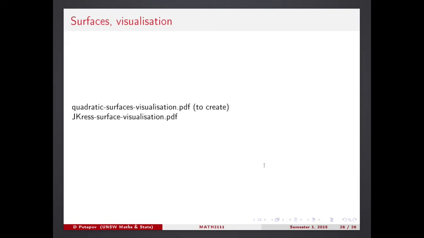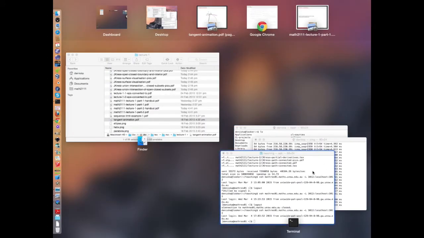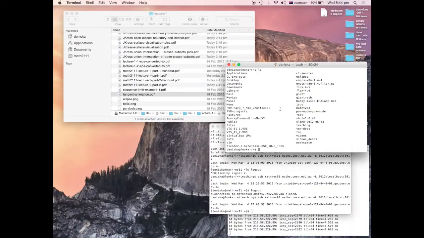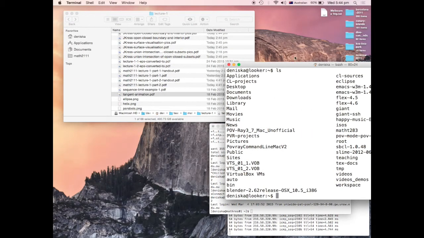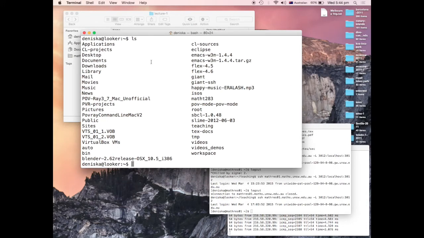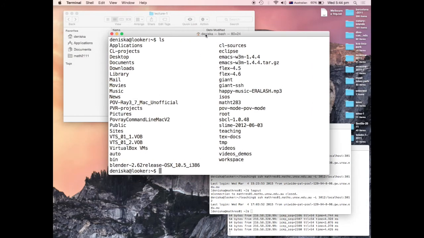So in this file, Surface Visualization, Jonathan Kress uses this function. He basically explains how you can use the cuts and contours of different levels of lines or level surfaces to predict the shape of a curve.